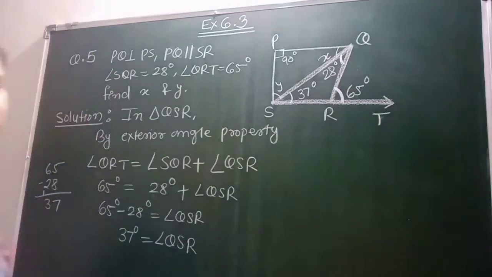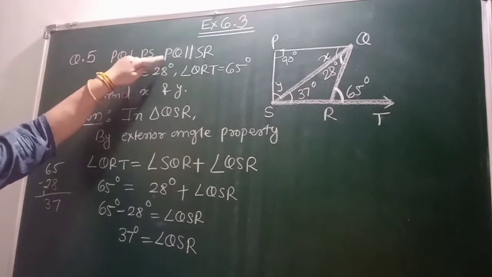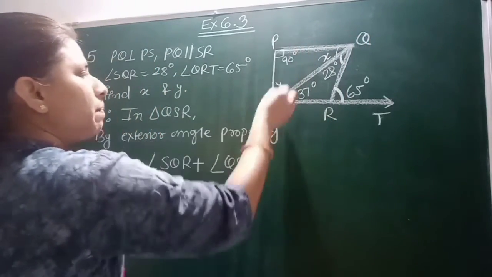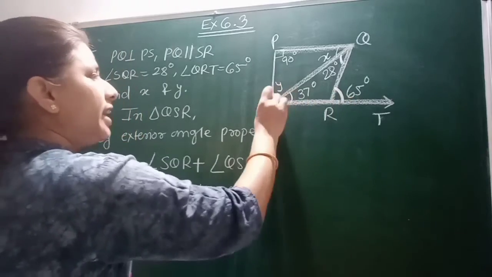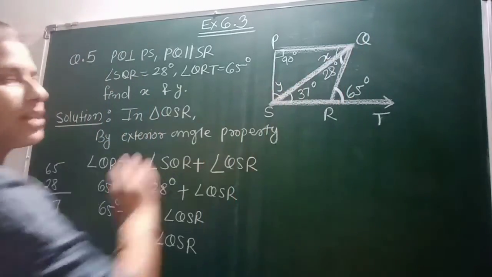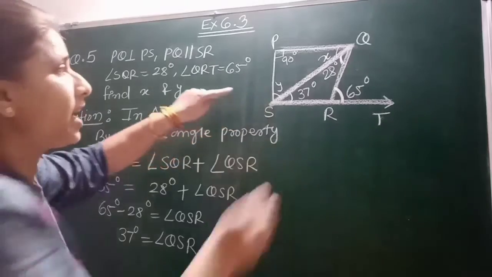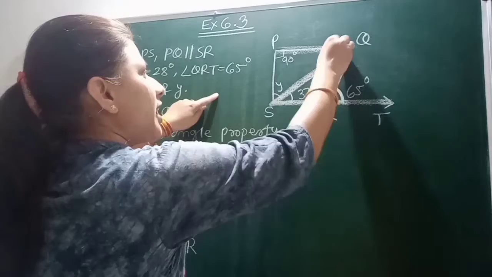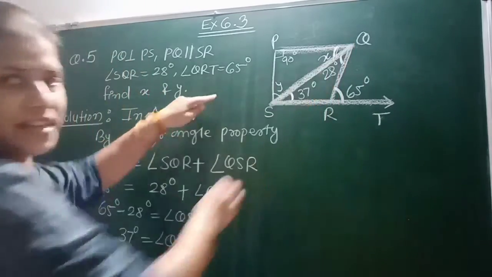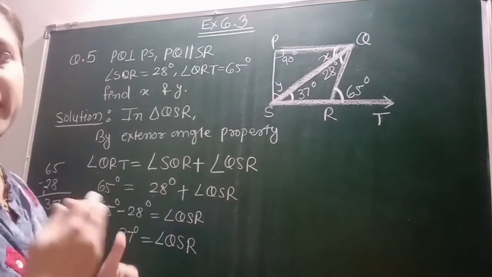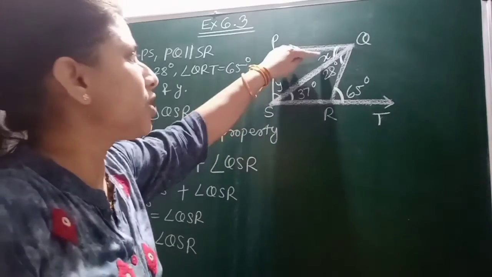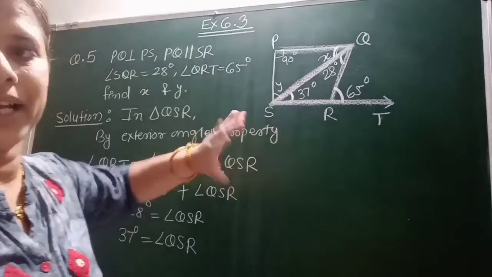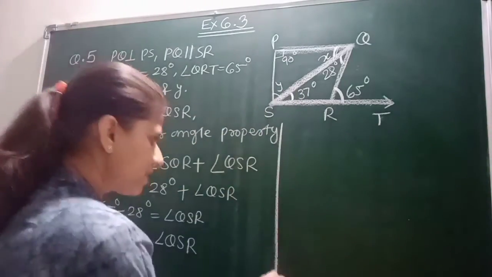Now student, we will use this property. PQ is parallel to SR. And SQ is a transversal line. So which alphabet is forming here? Z. And which type of angles? X and 37? Yes, these are alternate interior angles. So the measurement of angle X will equal 37 degrees by alternate interior angles.